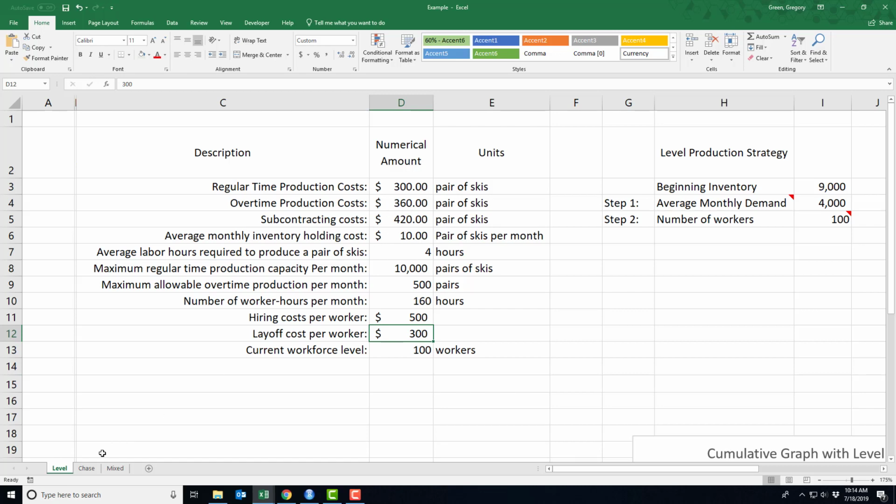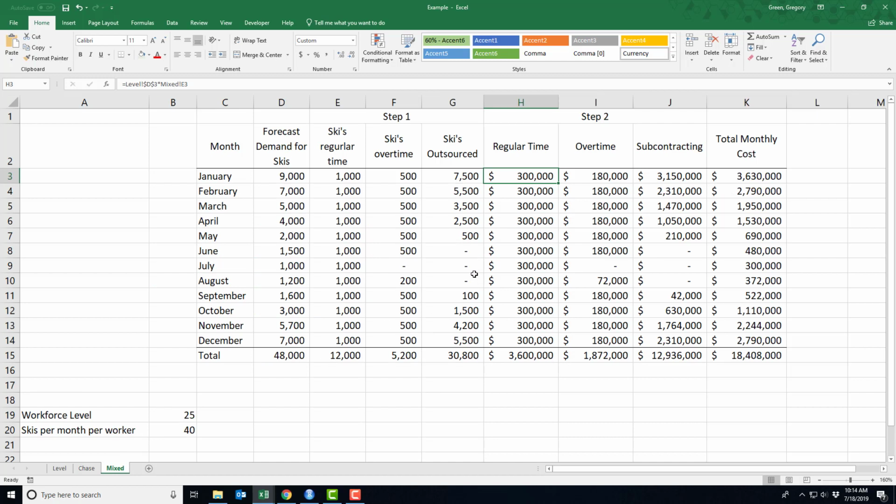Subcontracting cost is $420. So I go back. So regular, I could produce 3,000 pairs of skis at $300 a pair. That's levels, that's going back and picking up the 300. The mixed, that's picking up the 1,000. So notice this absolute reference in the levels. This is the level part.